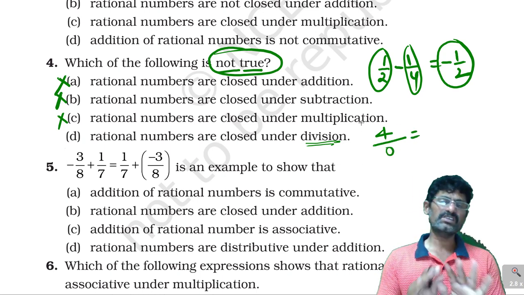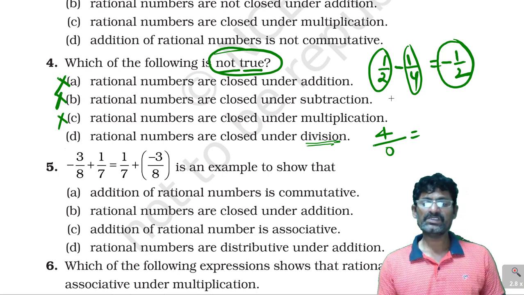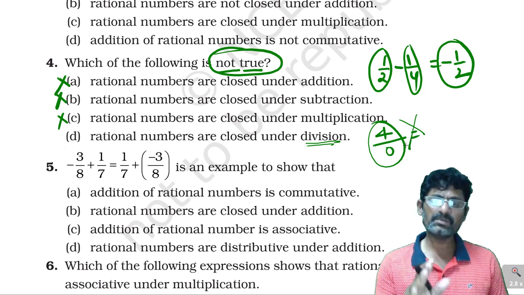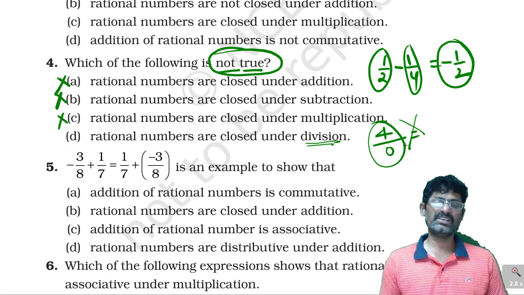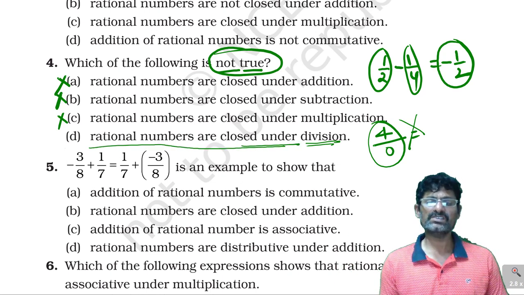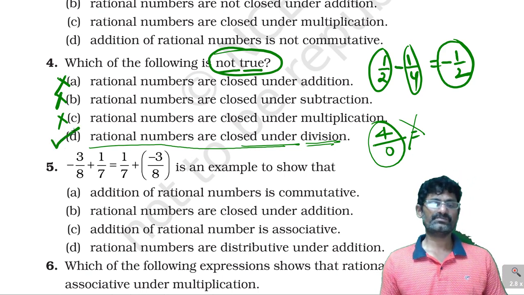Division by 0 is not possible. Division by 0 is undefined. So 4 by 0 will not be a rational number. So we can say that rational numbers are not closed under division. Here we are given that rational numbers are closed under division, so this is not correct. So our option is this one.